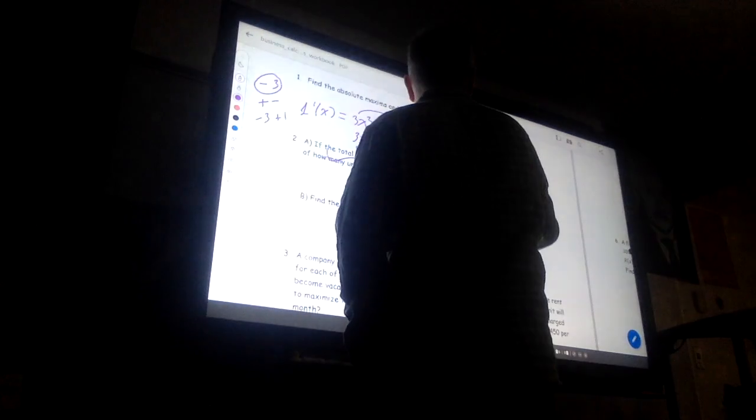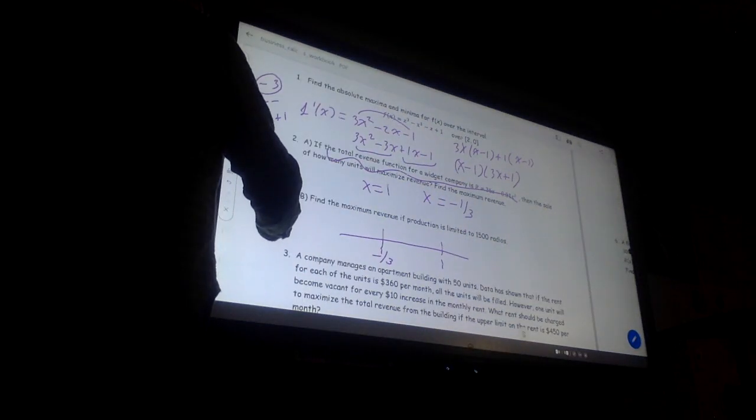So at x equals 1 and x equals -1/3, those are where it's either a max, a min, or a point of inflection. So if we put it on a sign line, this should be pretty easy: -1/3 and +1. So pick a value like, say, -10 and plug it in and just verify the signs. So that'll be negative, and that'll be negative, and negative times negative is positive. And then a value in between, you might want to pick 0.